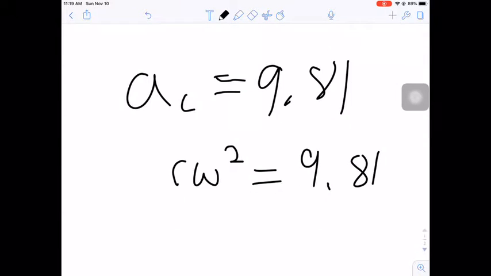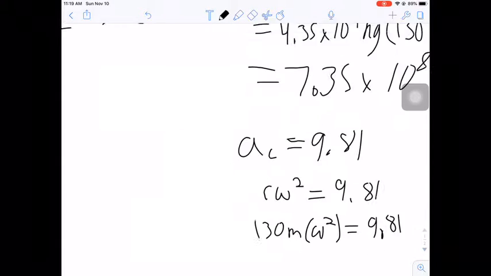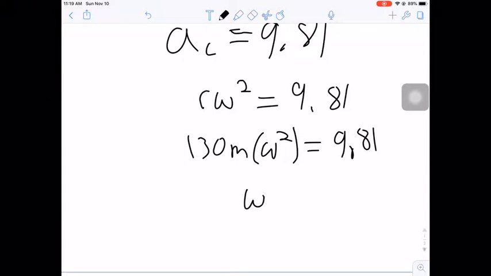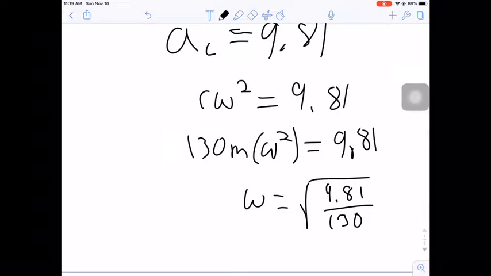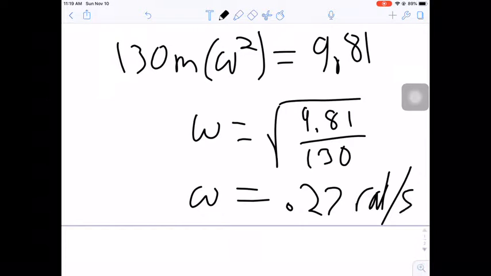We know r, which is 130 meters, so then we can solve for the angular velocity. It would be equal to the square root of 9.81 over 130, and this will be equal to 0.27 rads per second.